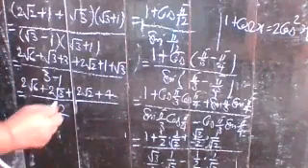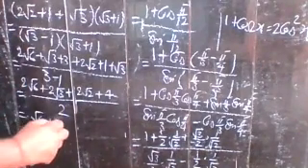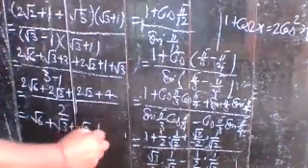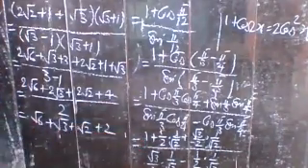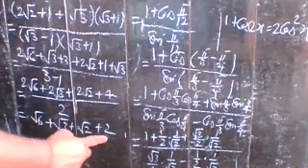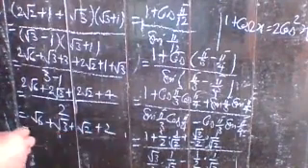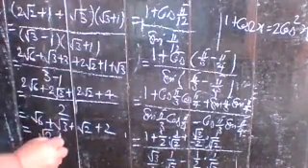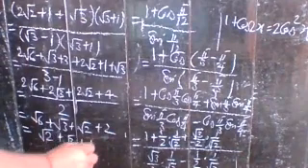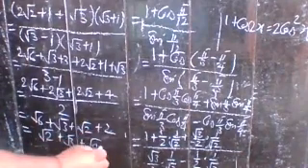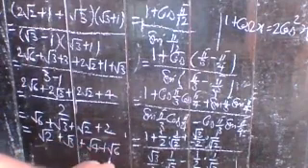So you have root 6, here root 3 and plus root 2, and here you have 2. Understand? And this 2 can be written as root 4. So write it in the same sequence: root 2 plus root 3 plus root 4 plus root 6. That is your right side.